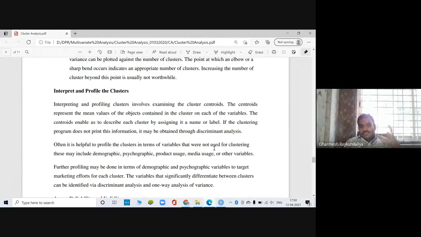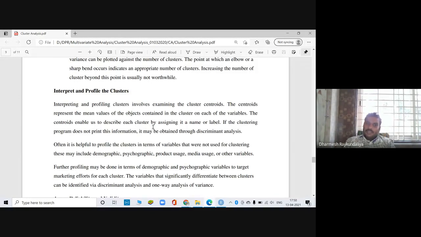Because there are p variables in each cluster, you have to find the mean of those p variables. There are n1 observations, n2 observations, up to nk, because there are k clusters, and n1 plus n2 plus up to nk is the total number of observations.